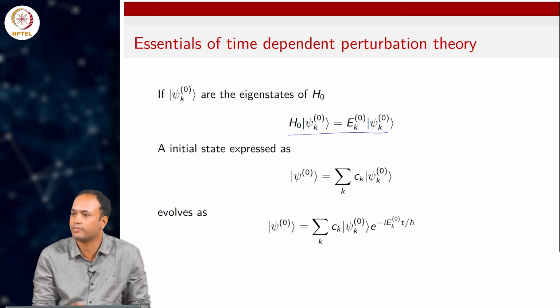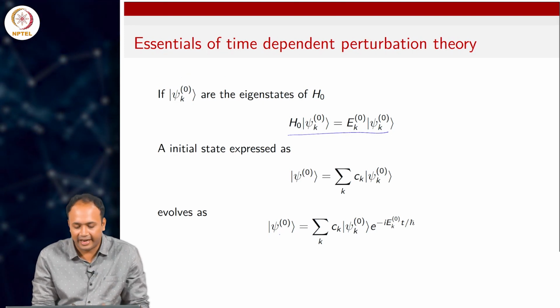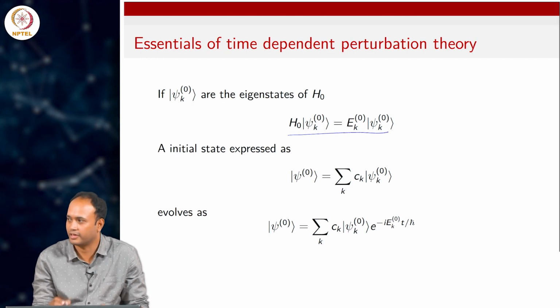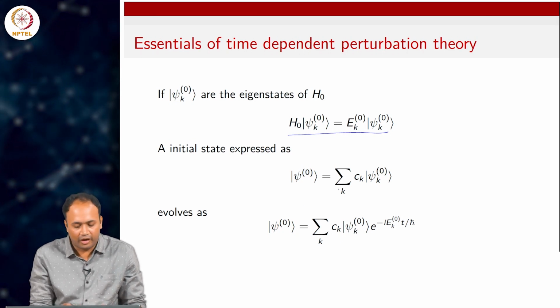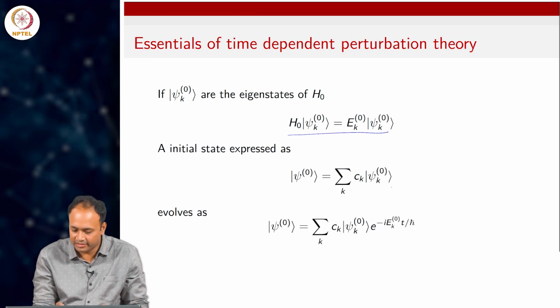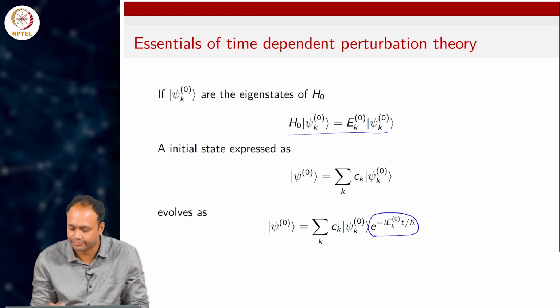This is an eigenstate of the H naught operator, which is without the field. Now a general state can be expressed as a superposition of all these eigenstates, right? These eigenstates span the Hilbert space. So now the evolution of the state can be written with the same expansion, but each eigenstate picks up this phase factor. Correct?